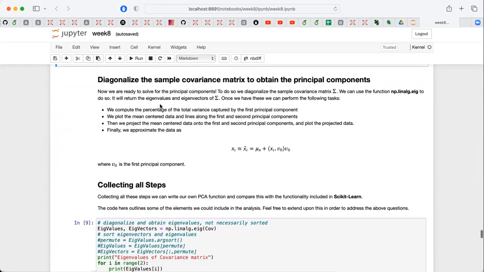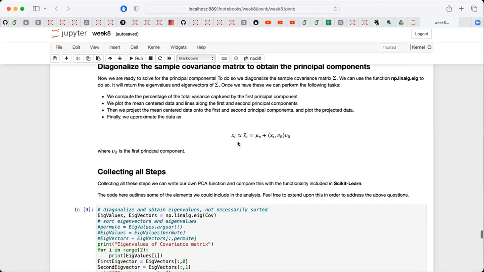You compute the percentage of the total variance captured by the first principal component, and then you can plot the mean centered data in lines along the first and second principal components, and then you project the mean centered data onto the first and second principal components, and then you can plot the projected data. And then that means that you are going to approximate the data in terms of something which runs like this, where V0 is the first principal component.